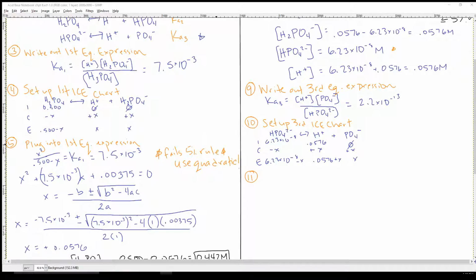So 11, we're going to plug into the third equilibrium expression. So now that I have all my x's, I can plug them in. X times 0.0576 plus x over 6.23 times 10 to the negative 8th minus x is equal to 2.2 times 10 to the negative 13.